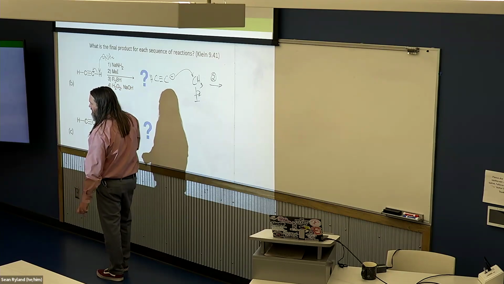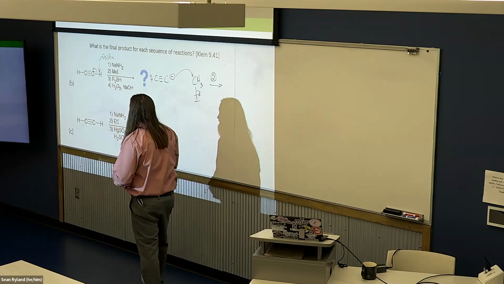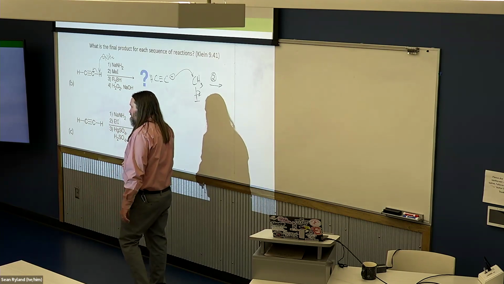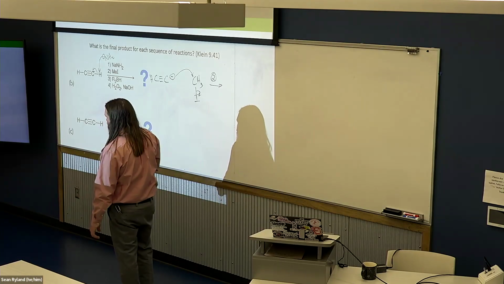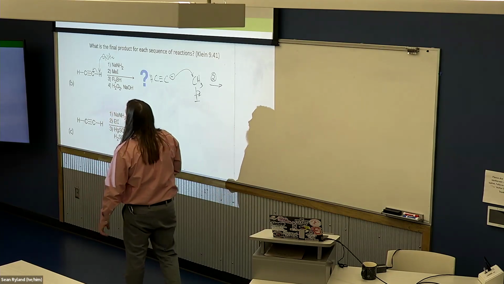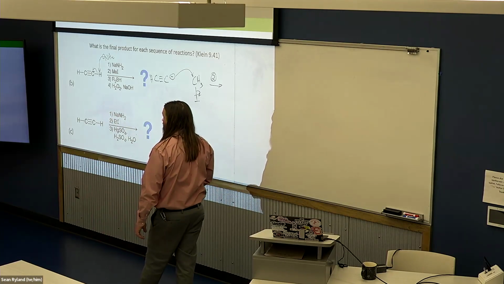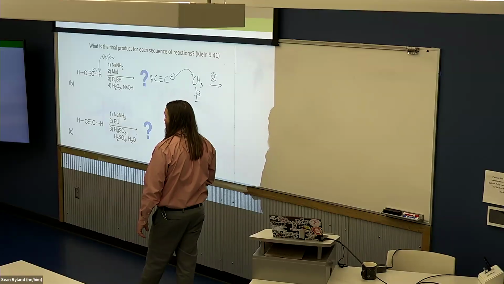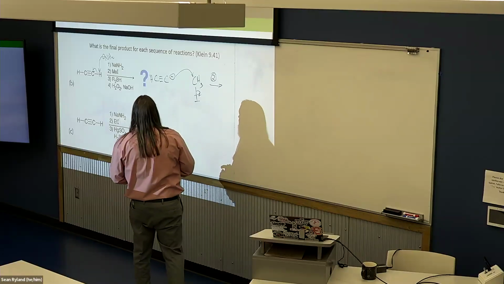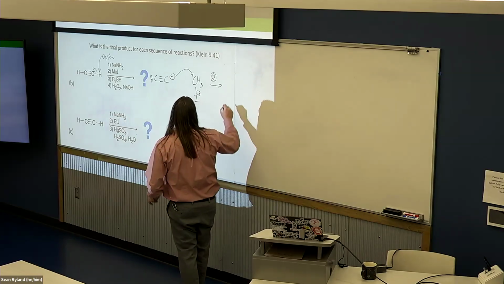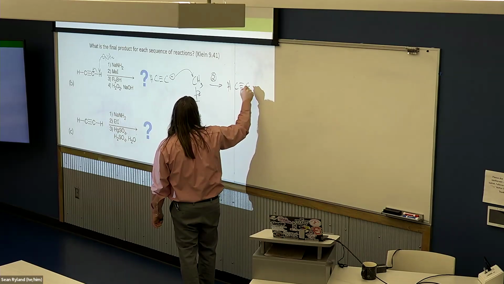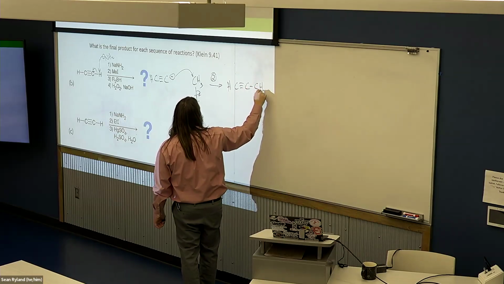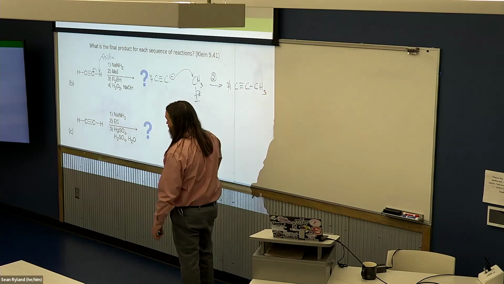Step 4 replaces the boron with OH, and then H, because it's hydration, right? So after step 2, we have this.